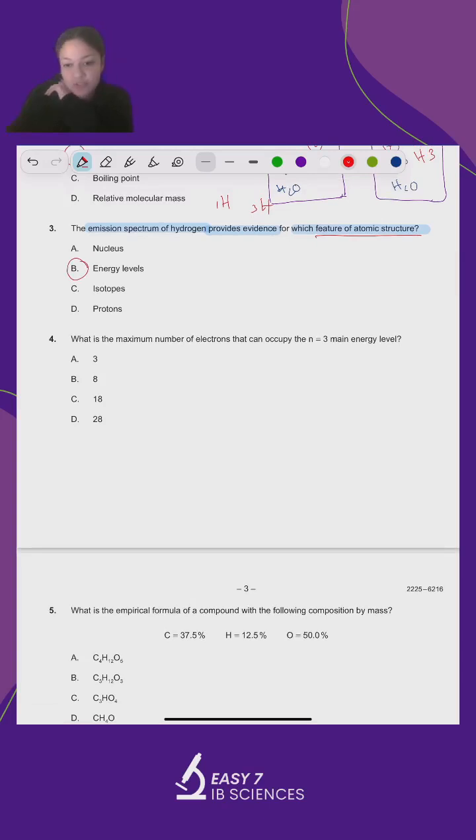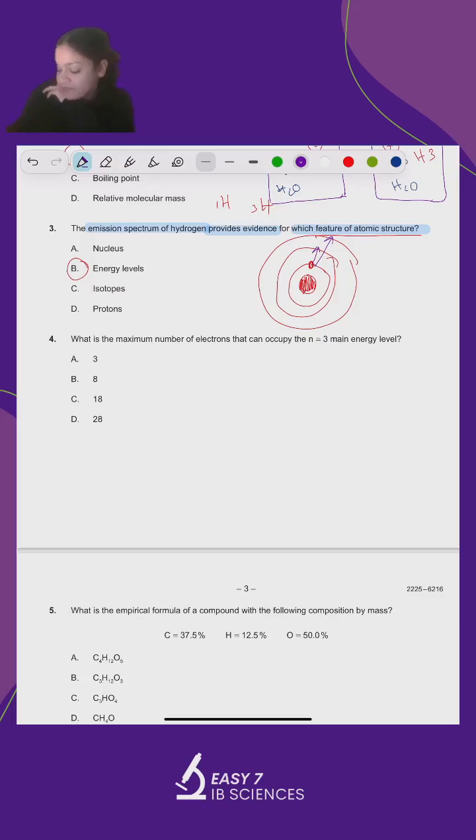Basically, the hydrogen emission spectrum releases specific wavelengths of light depending on how the electrons jump between different orbitals within the hydrogen atoms. So if this is my nucleus of my hydrogen atom, and this little circle here is my electron, that electron can jump up from n equals 1 to n equals 2, n equals 3, n equals 4, all of those.